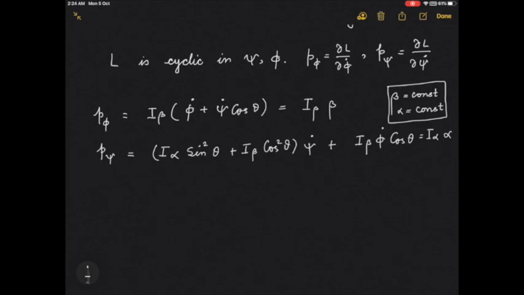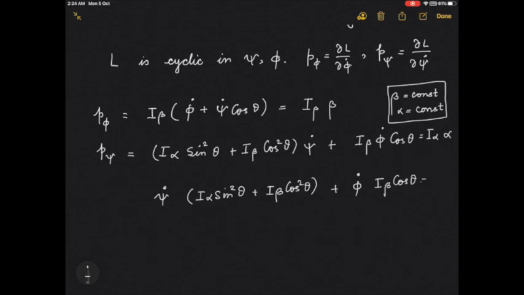So one is psi dot times I alpha sine square theta plus I beta cos square theta plus phi dot times I beta cos theta equals I alpha times alpha.